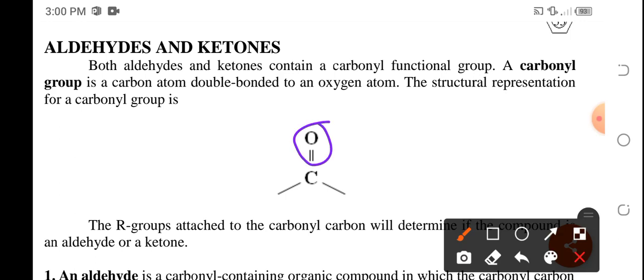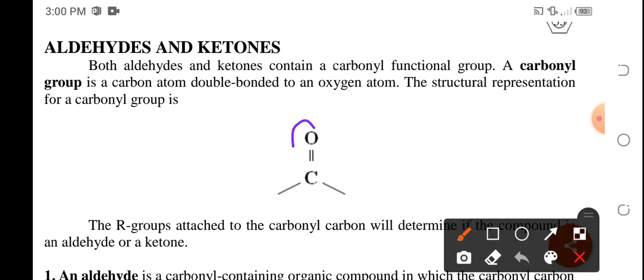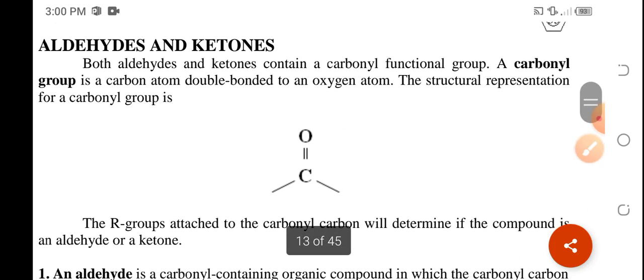Oxygen could meet the 2-bond requirement by 2 single bonds or 1 double bond. For carbonyl, it would be 1 double bond only. Okay, so C double bond O is a carbonyl group, and that is the functional group for aldehydes and ketones.